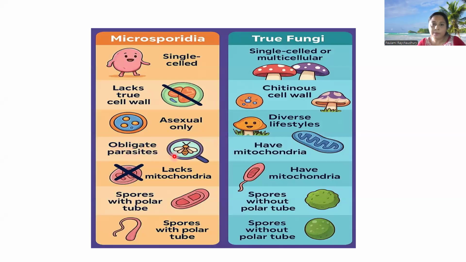Microsporidia are obligate parasites, but not all fungi are obligate parasites. Few are saprobes, few are mutualists also. Microsporidia lack mitochondria; true fungi have mitochondria. Microsporidia have spores with a polar tube to inject materials into the host cell, whereas true fungi have spores without a polar tube. So, this much for today.